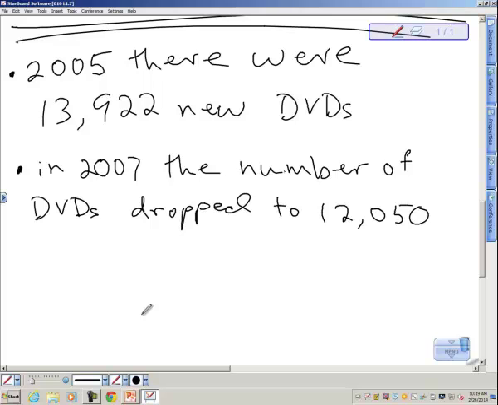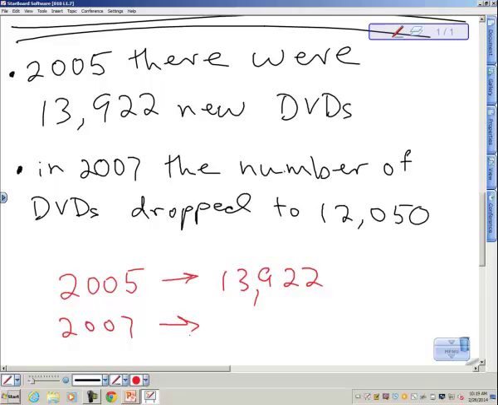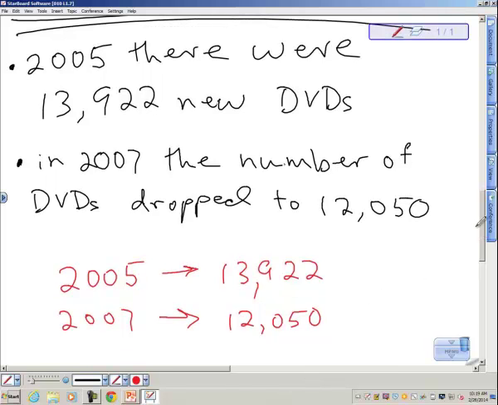Here's 2005. We had 13,922, and 2007 we had 12,050 videos or DVDs.